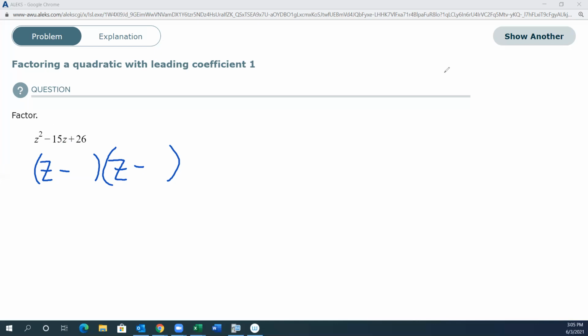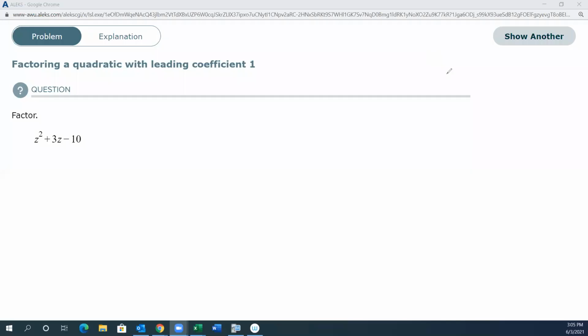And it turns out 1 and 26 is not going to work, but 2 and 13 will. Negative 2 and negative 13 multiply to positive 26, and also add up to negative 15. And now it's done. That is how you do them with what I call the shortcut.